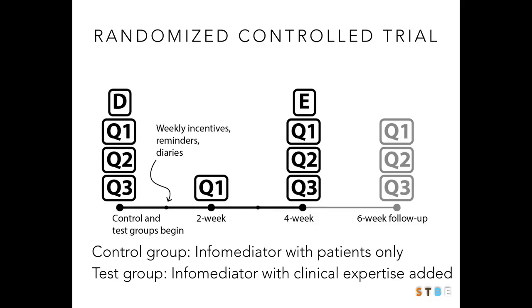And then we're observing the Q1, the primary outcome, in the middle of the intervention. Then we're going to assess those outcomes again at the 6-week follow-up. And along the way, we're going to have a diary, so we can get some qualitative responses from the patients regarding this whole idea of the infomediator.